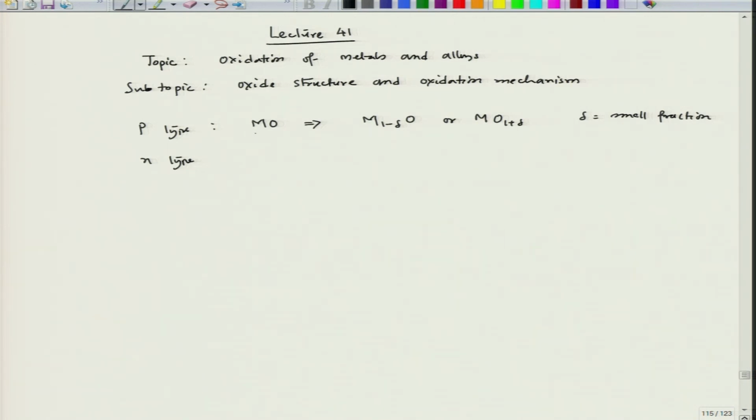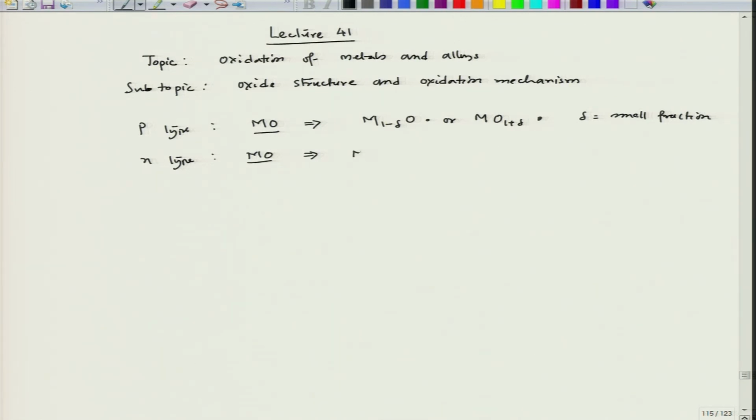which actually is nothing but the measure of deviation from stoichiometry. Since the stoichiometry of this oxide is 1:1, but once you have these two situations, you are actually deviating from stoichiometry. N type, there could be two situations. For example, again this is MO, which is an n type oxide, let us say.